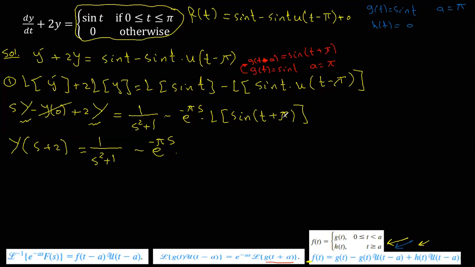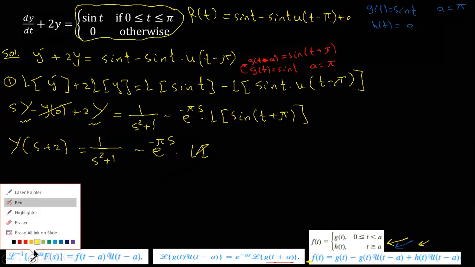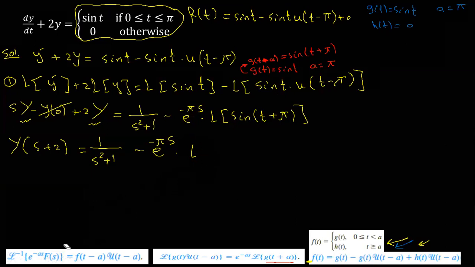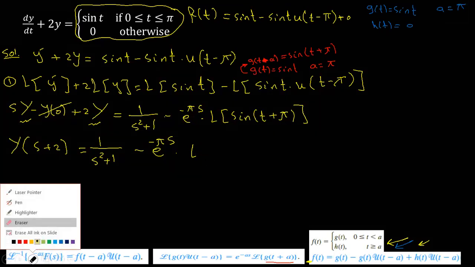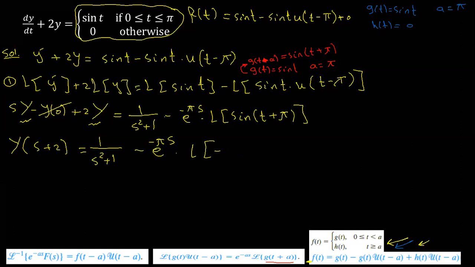Sine of t plus pi, in our trigonometric rules, is given to be negative sine t. So it is the Laplace of, I'm so sorry, just one minute. It is given to be the Laplace of negative sine of t.